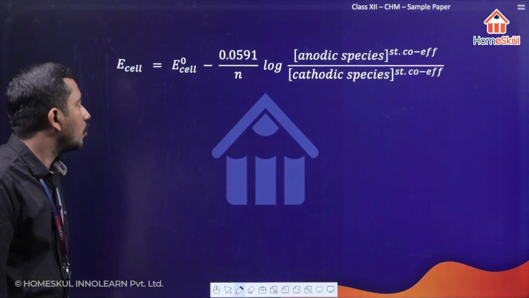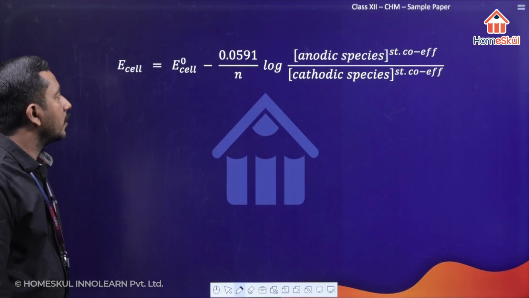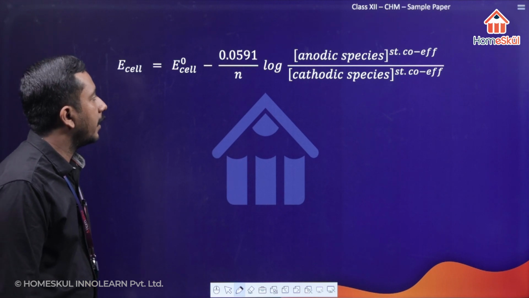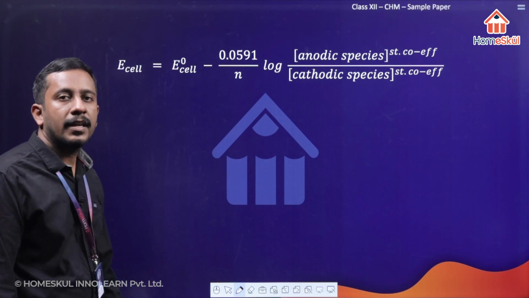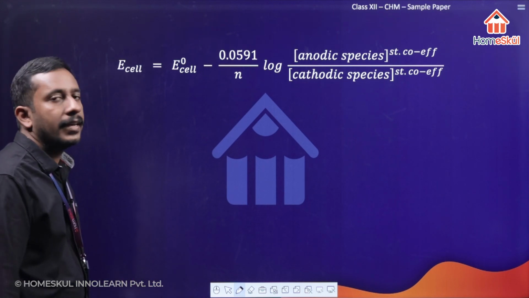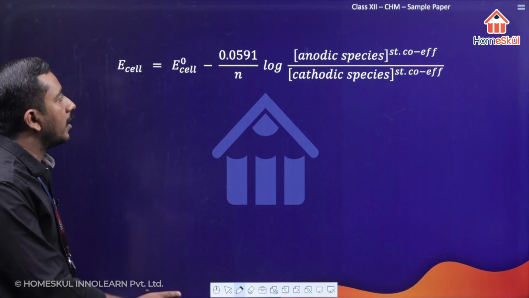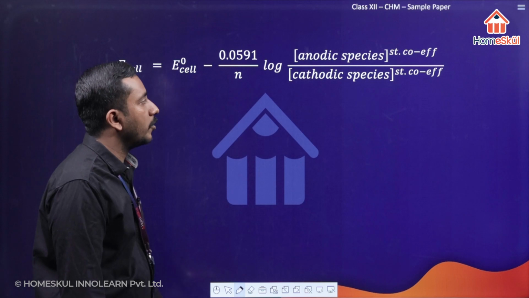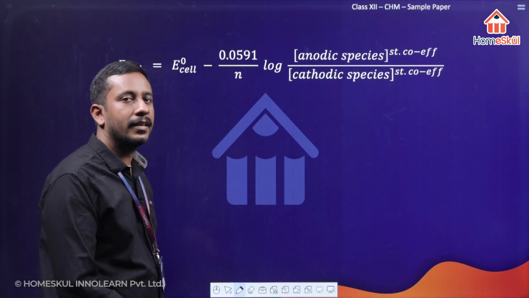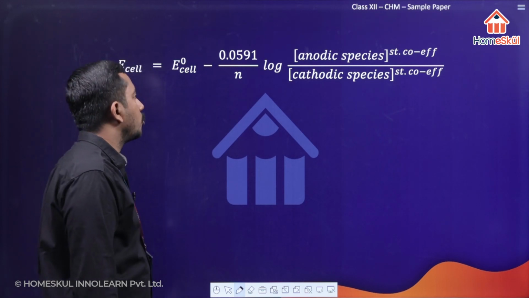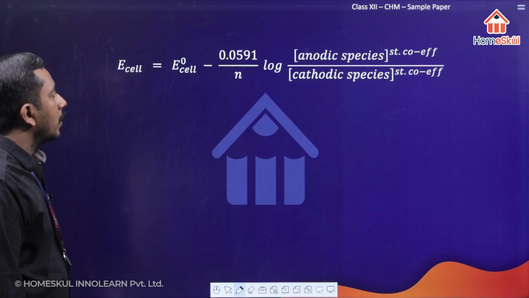So we'll have to use the equation E cell equals E0 cell minus 0.0591, that is the value of RT by F, divided by n, where n is the number of electrons involved in the reaction, multiplied by the log of the concentration of anodic species by cathodic species raised to their corresponding stoichiometric coefficients.